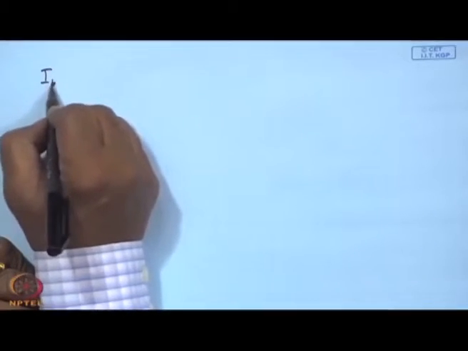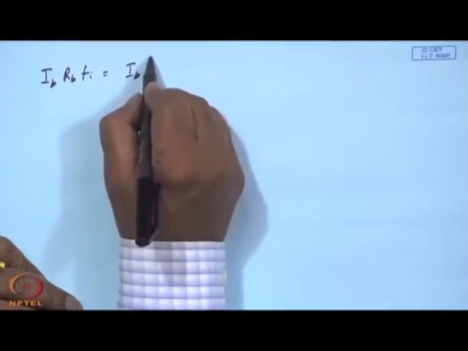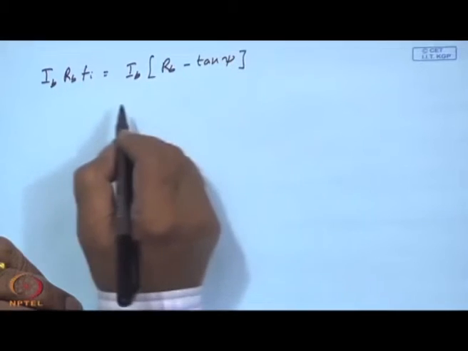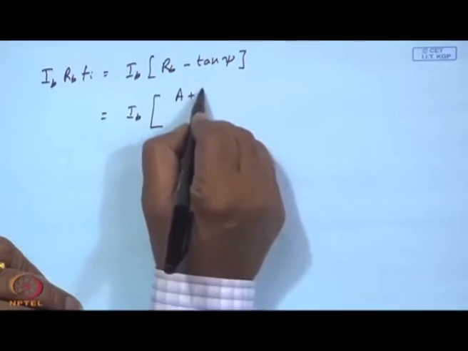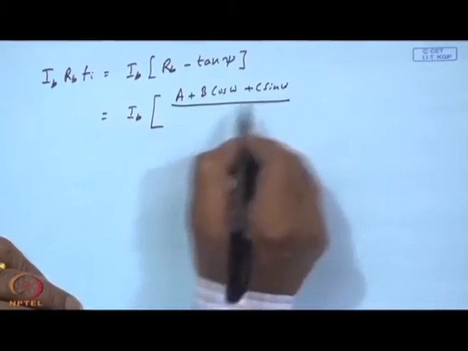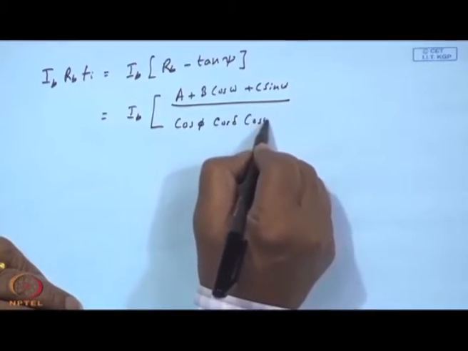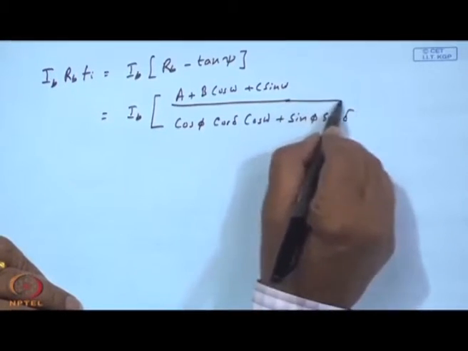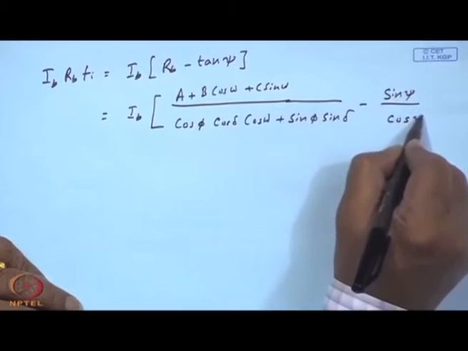So, you have got IB RB Fi is IB RB minus tan psi, which shall be IB times, in general, A plus B cos omega plus C sin omega (it need not be south facing), by cos theta z, which is cos phi cos delta cos omega plus sin phi sin delta, minus sin psi by cos psi.